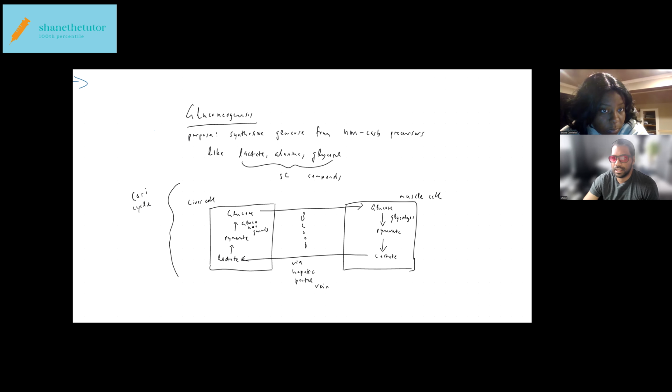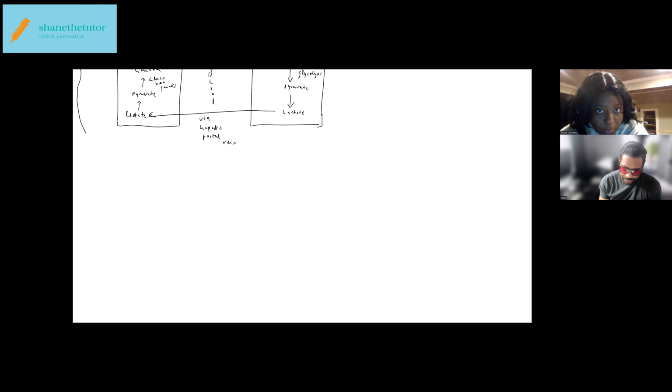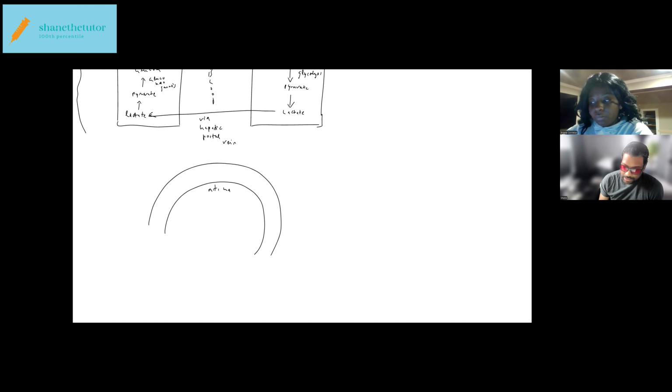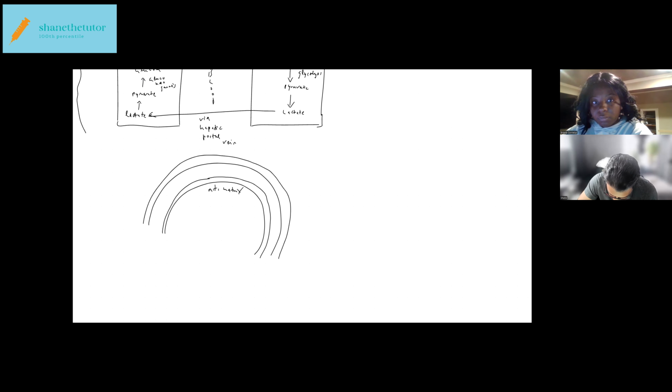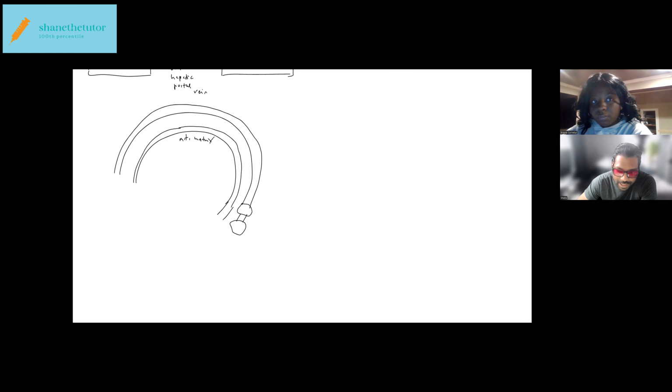Now, if we think in terms of location, because that's also important, let's say that we have the mitochondrial matrix, and this will have the malate shuttle and the aspartate shuttle.